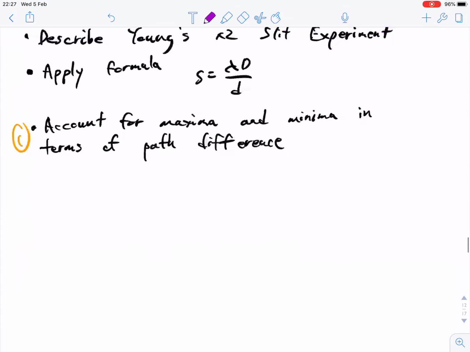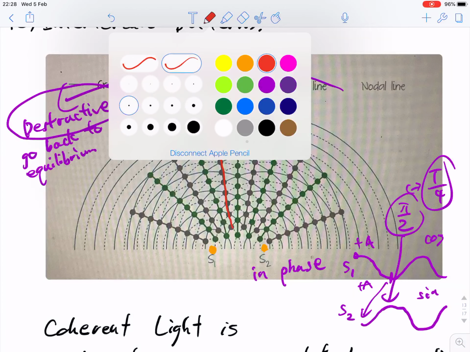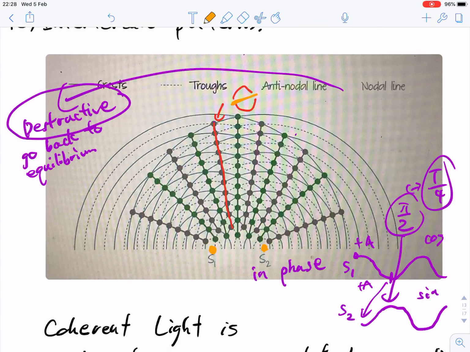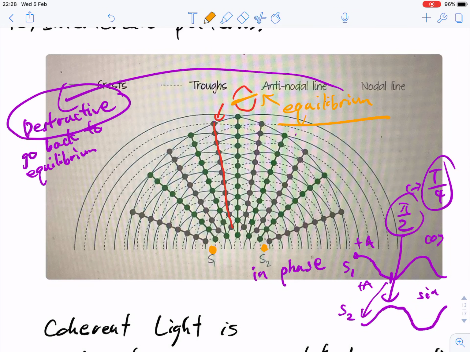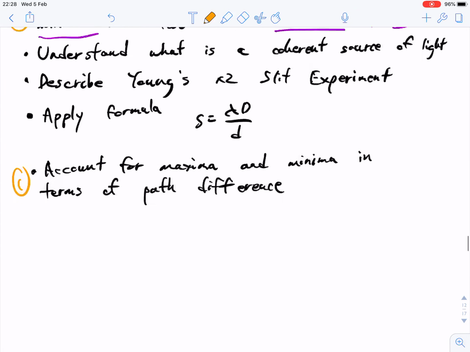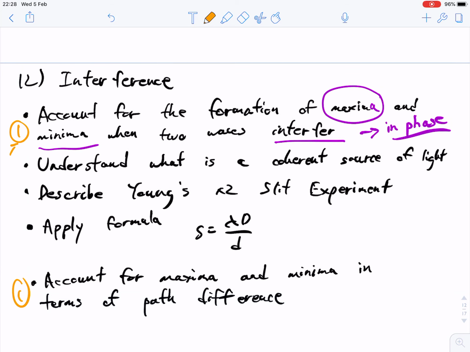So we have the combination of a crest and a trough, and the result is a flat line, or what we call the equilibrium position, as if it was not disturbed. Each time it's a different crest and trough from the other point source, but that's essentially what's going on there.